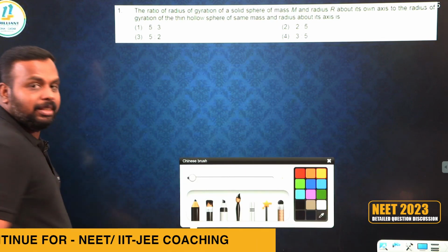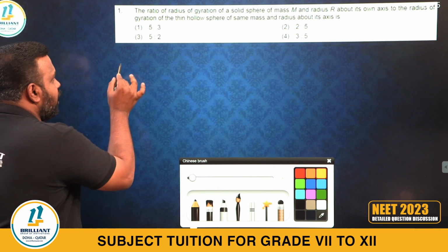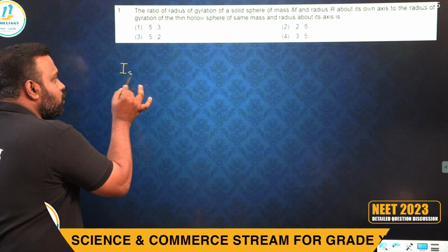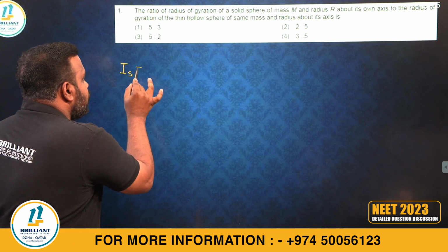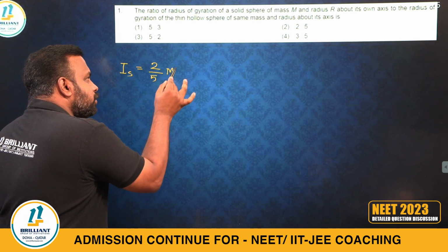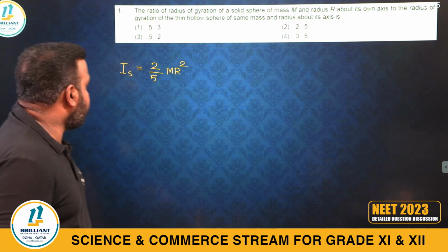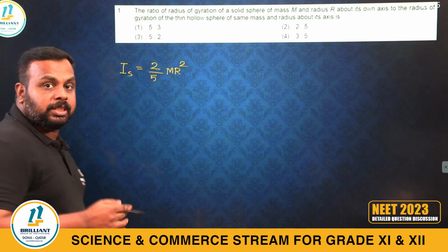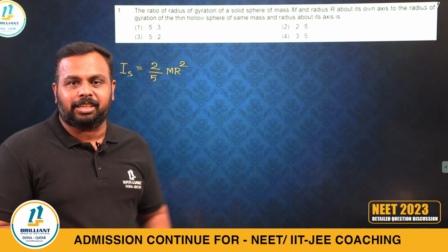What is the moment of inertia of a solid sphere? All of us know the formula. I of a solid sphere is 2 by 5 mr square. What is the general equation for the moment of inertia? It is mk square, where m is mass and k is the radius of gyration.